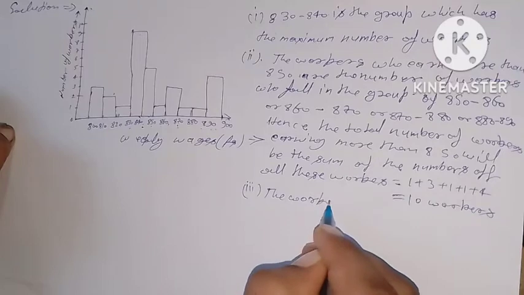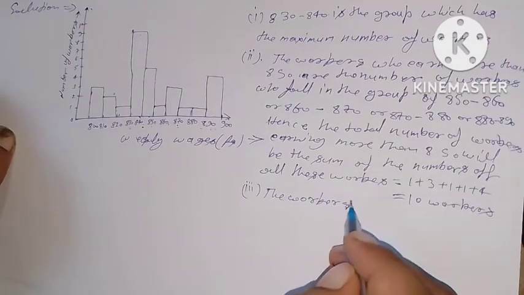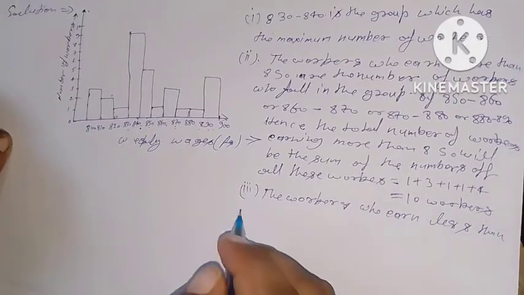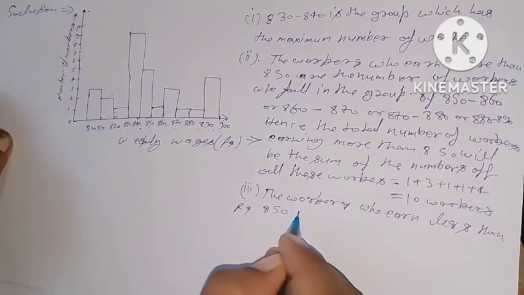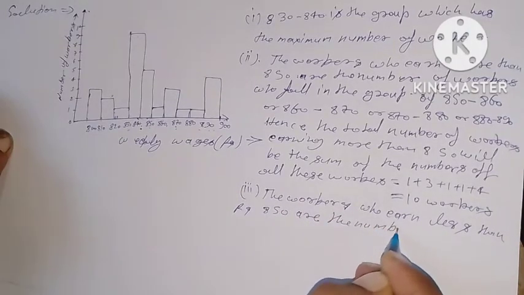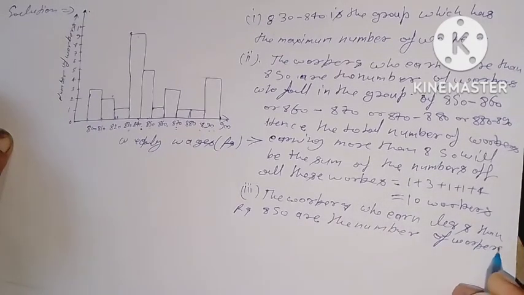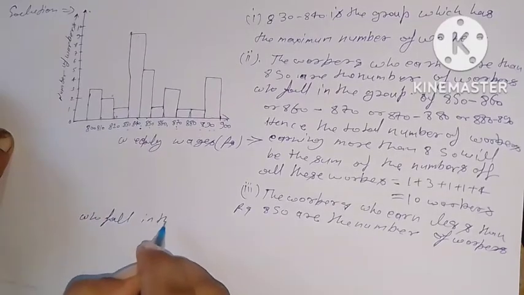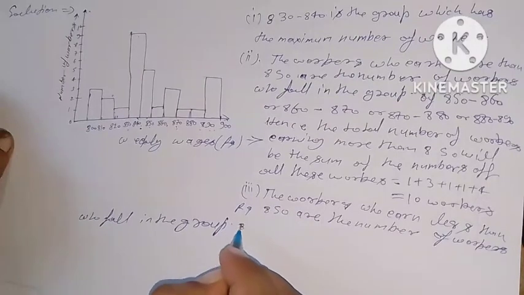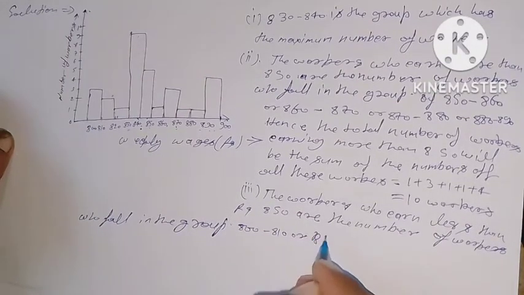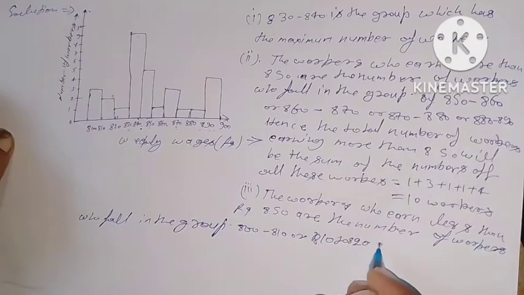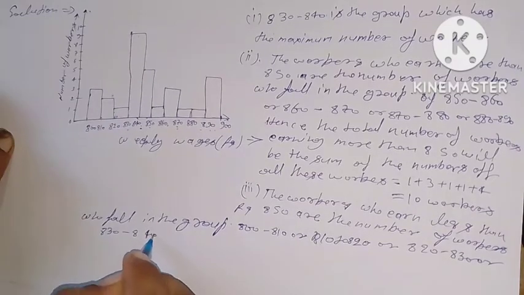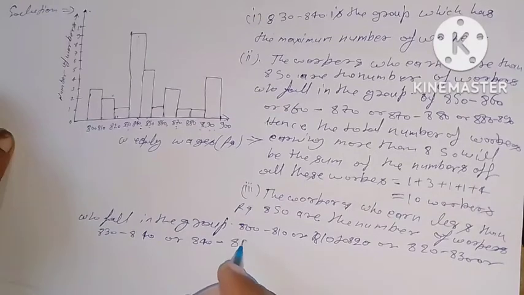The workers who earn less than Rs 850 are the number of workers who fall in the groups 800 to 810, 810 to 820, 820 to 830, 830 to 840, and 840 to 850.